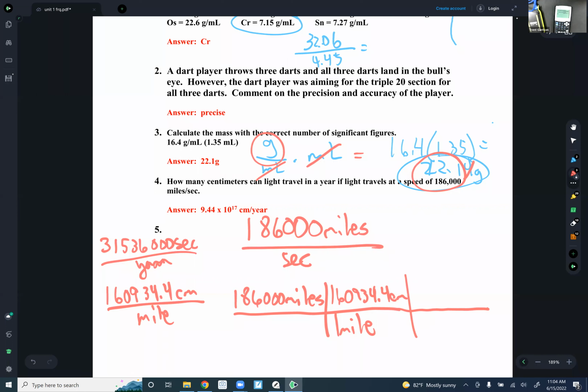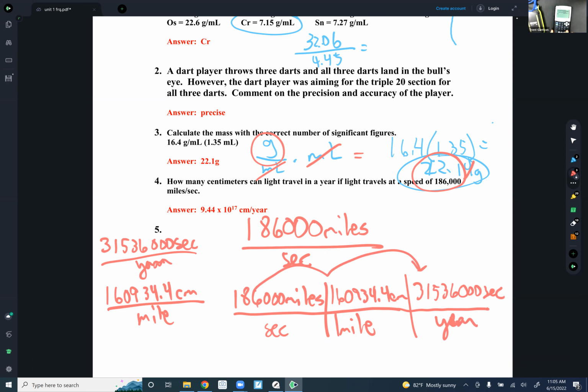And then for the seconds, there are 31,536,000 seconds for every year. So this will put us into our conversion that we are looking for. If I multiply this times this times this, I will get my conversion that I'm looking for.